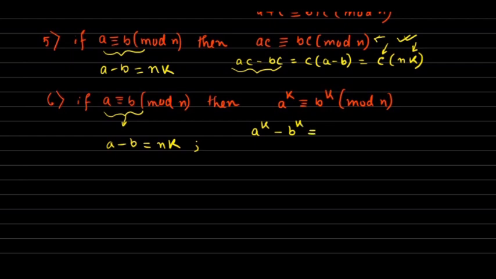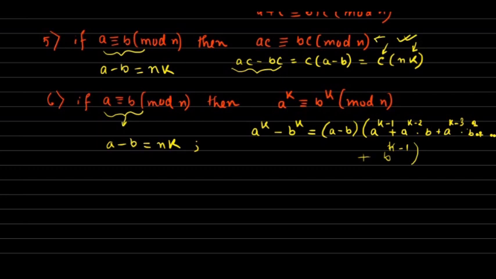I think you are familiar with this formula: a minus b into a to the power k minus 1 plus a to the power k minus 2 into b plus a to the power k minus 3 into b square, and so on, plus b to the power k minus 1.